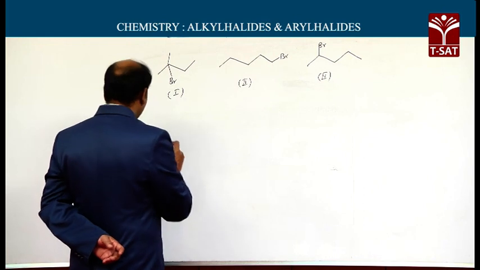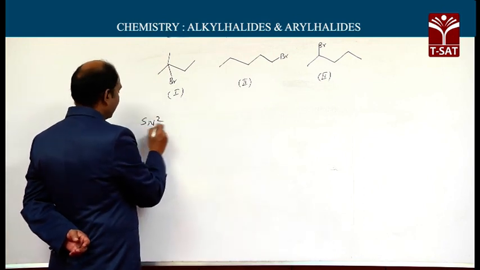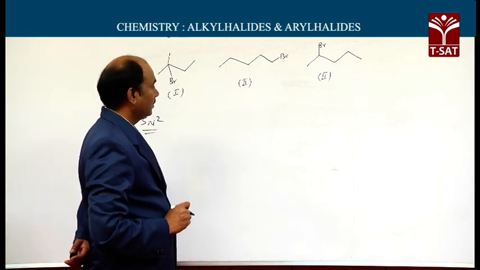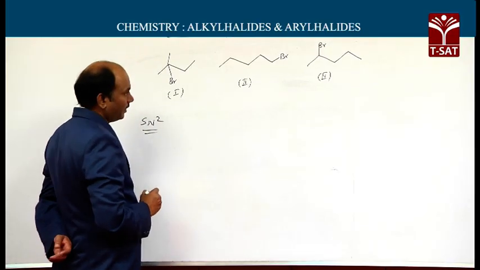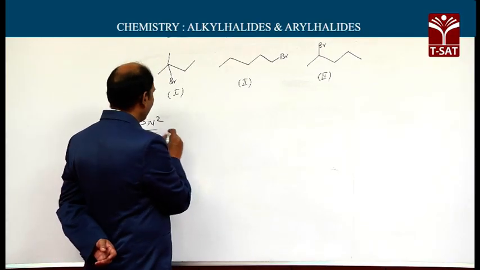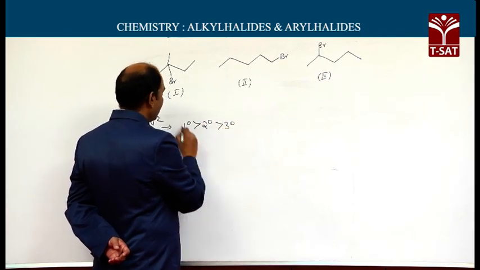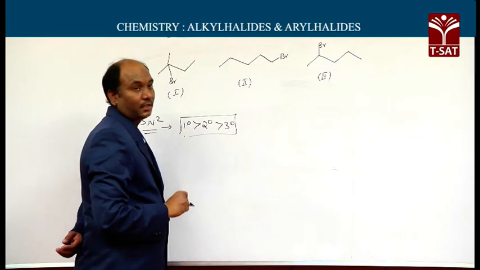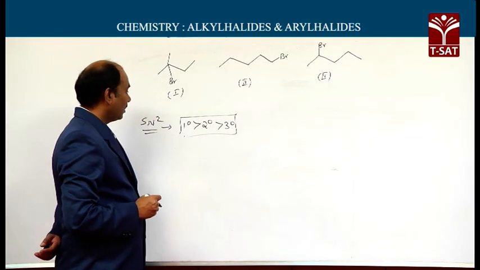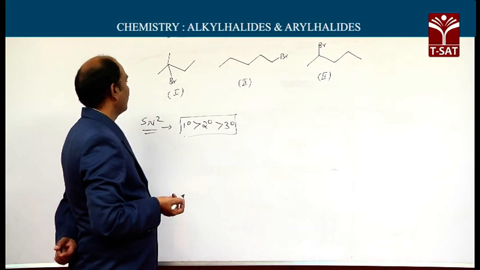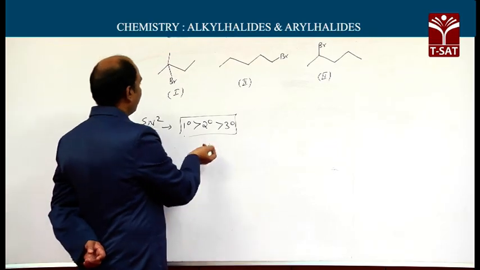First of all, towards the SN2 reaction. In SN2 reaction, the reactivity order is primary greater than secondary greater than tertiary. Generally, this is the order, because in SN2 we need less steric hindrance. Now let us apply this here.